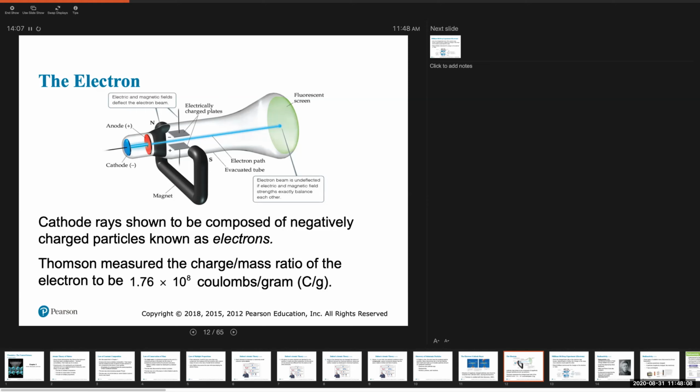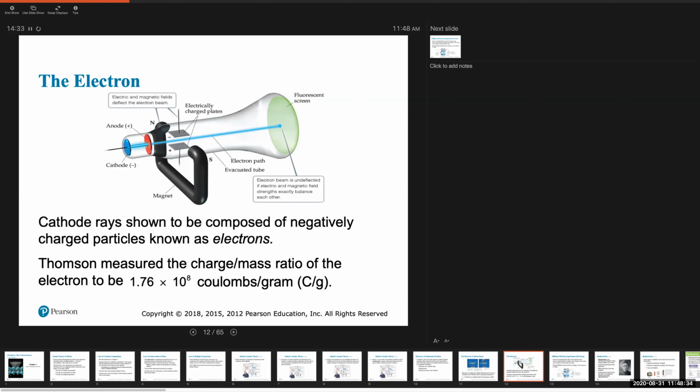So by creating electric fields and magnetic fields, you can kind of move ions around. We'll talk about a few other techniques that leverage this kind of stuff to actually measure masses of ions and things like that. But for now, the big learning of this was that because of how they could move that around, they realized the particles are negatively charged, and they decided to call them electrons.